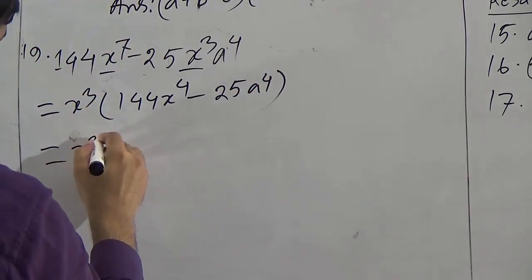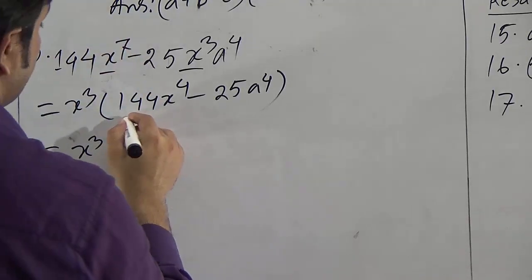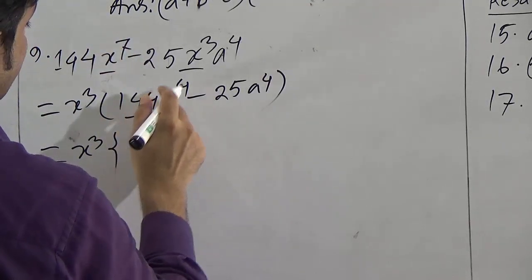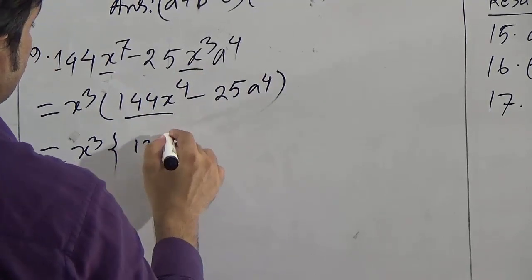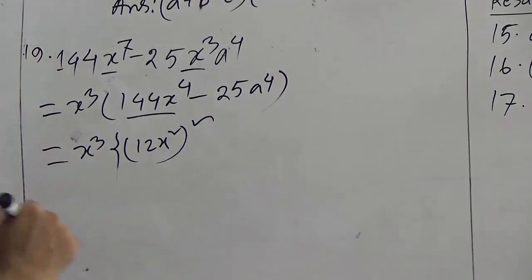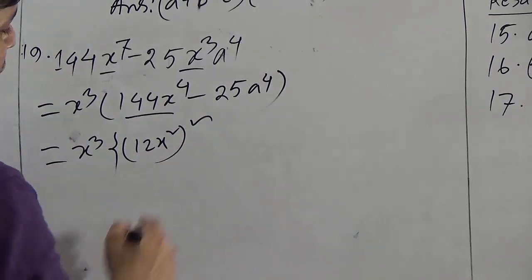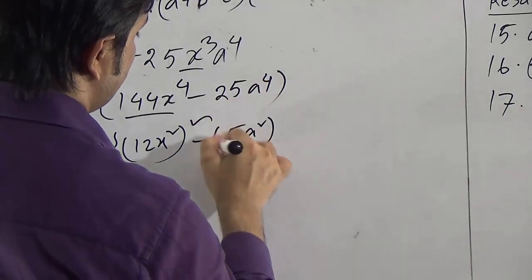Now we can write 144 x to the power 4 as 12x square whole square, as 12 is the square root of 144. Now we can write this as 5a square whole square.